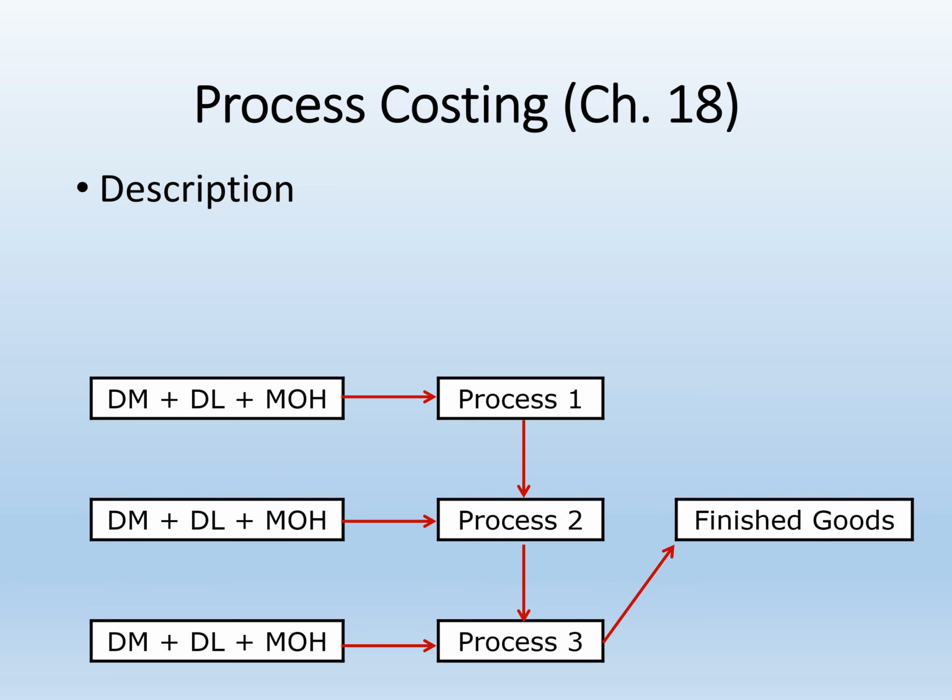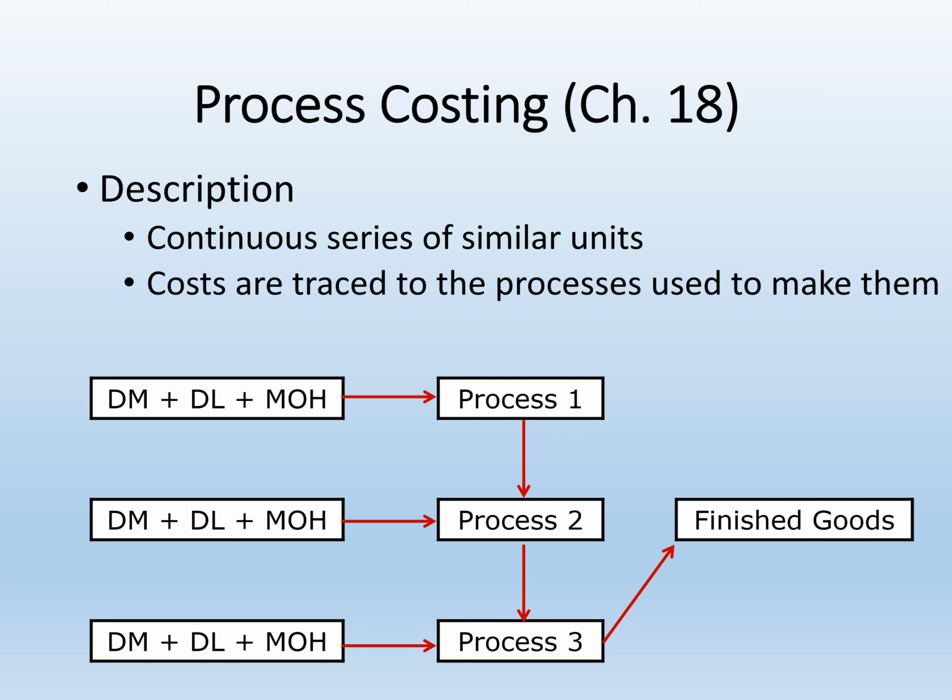Some firms don't think of their work as discrete jobs. Instead, they think of their manufacturing as an endless stream of very similar units. So it makes more sense to trace the production costs to the processes that are used to make those units.